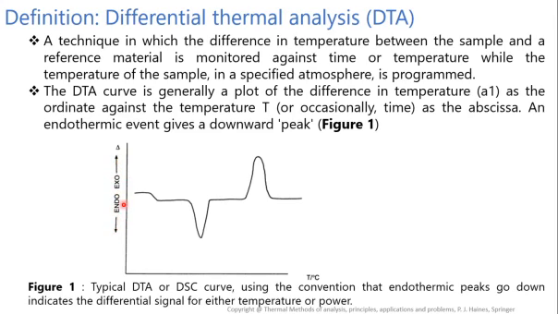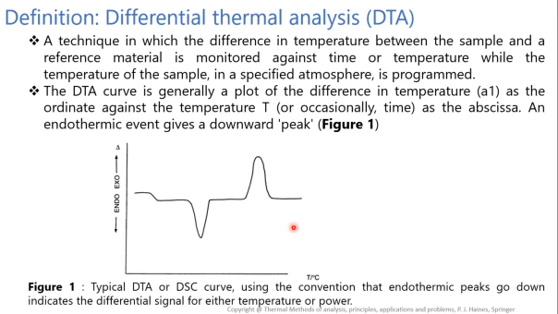When heat is absorbed, at that time we get a downward peak. When heat is evolved, at that time we get an upward kind of peak. So this is the typical DTA/DSC curve using the convention that endothermic peaks go down, indicating the differential signal for either temperature or power. So for DTA it is the temperature, and for DSC it is the power.